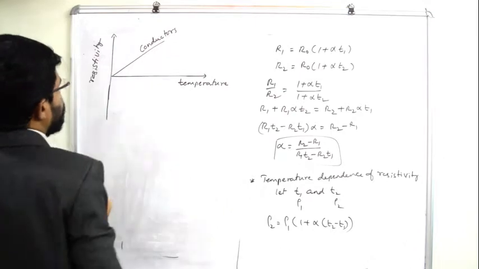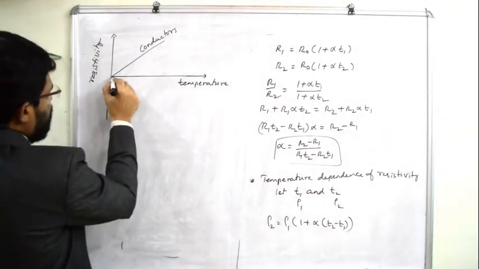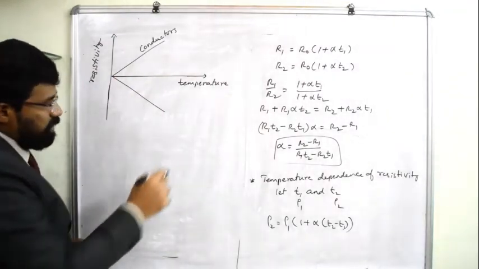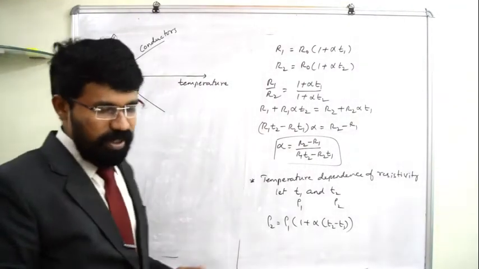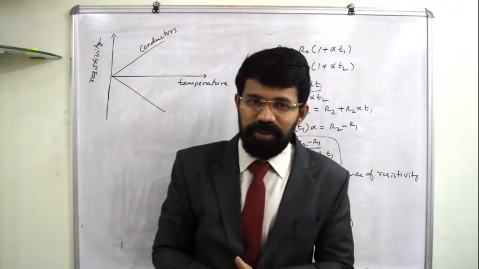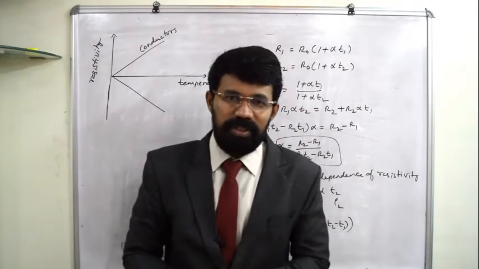This is how you see the variation of resistivity of conductors with the temperature. And for semiconductors, it will be something like this. It decreases, because I have given you the explanation in the previous session. There won't be any availability of free electrons, but when you raise the temperature, they start taking part in the conduction of electricity.